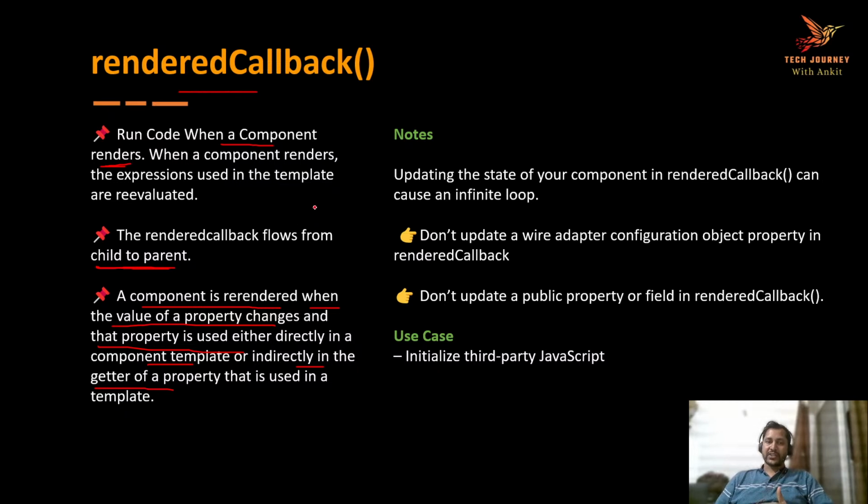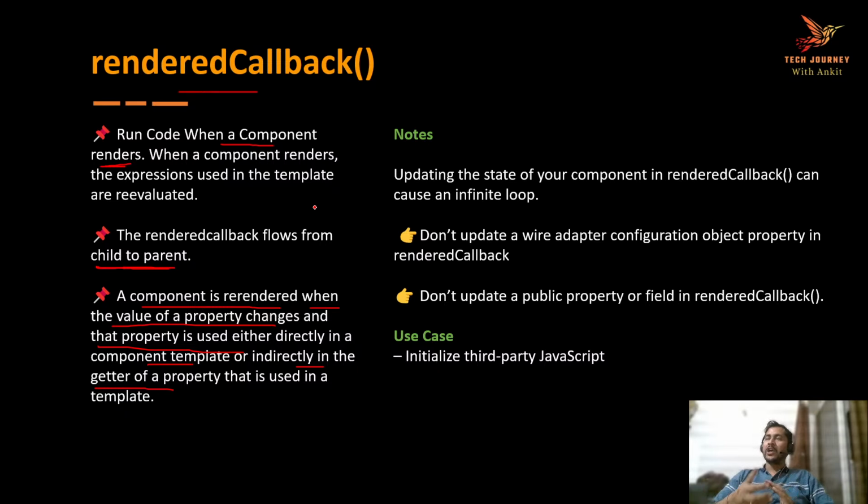As you might have already understood, the rendered callback will be invoked multiple times, because as soon as a property is changed, the rendered method will execute. So whenever you put any logic inside the rendered callback, you always have to evaluate the possible performance impact.